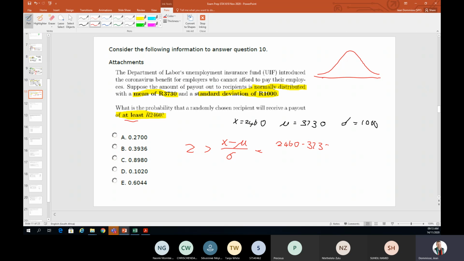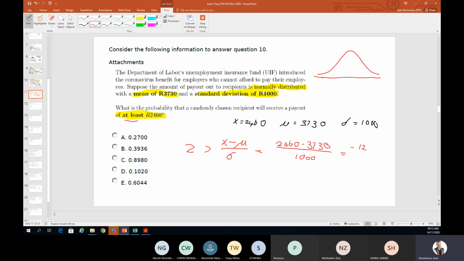So this is going to be something negative, divided by 1000. 2460 minus 3730 is minus 1270.